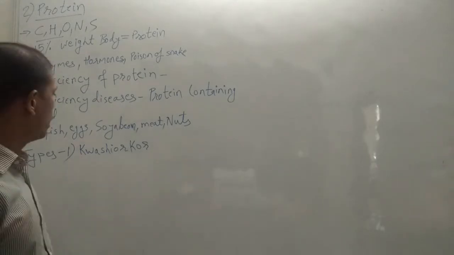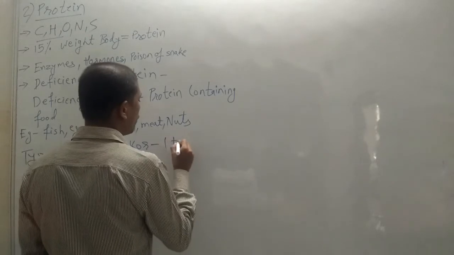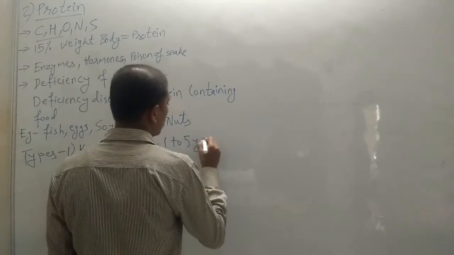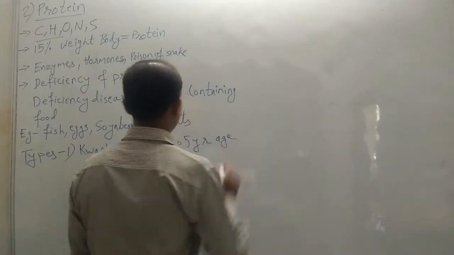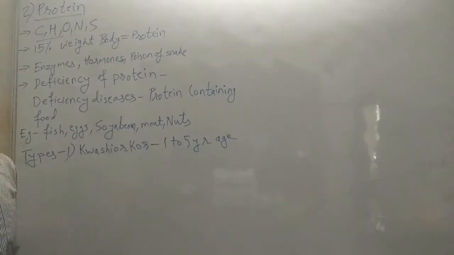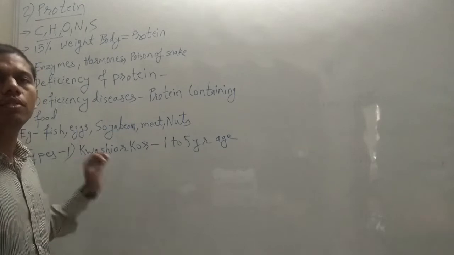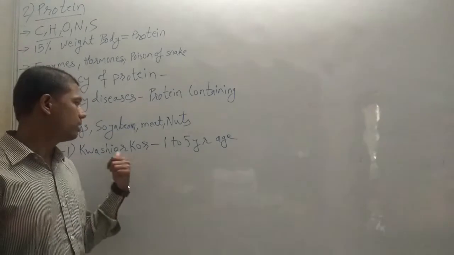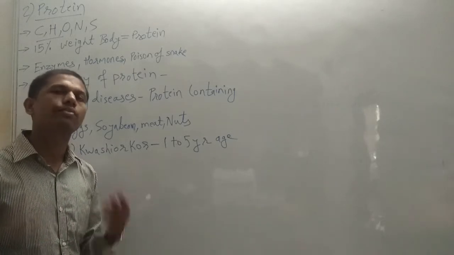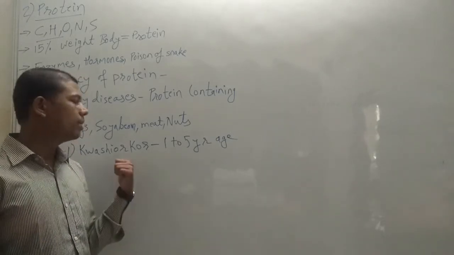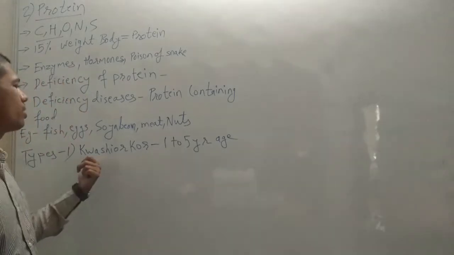This disease occurs in children of 1 to 5 years of age. Why does this disease occur? Because the diet taken by the child is not rich in protein, it is lacking protein. So the child is suffering from the protein deficiency disease, which is called Kwashiorkor disease.